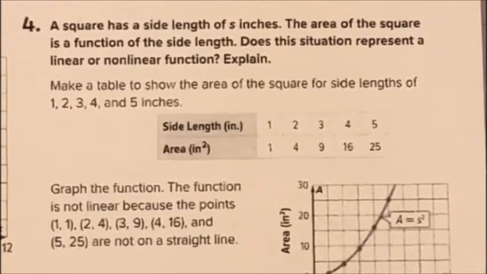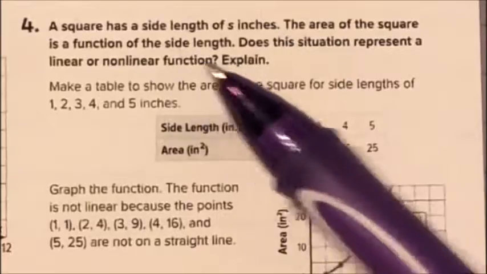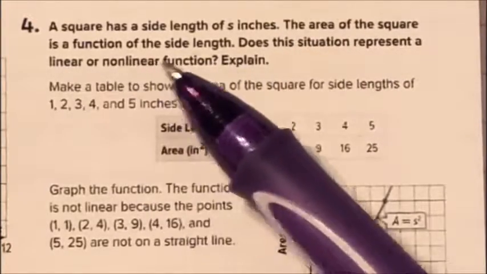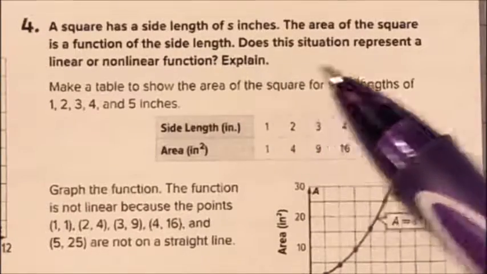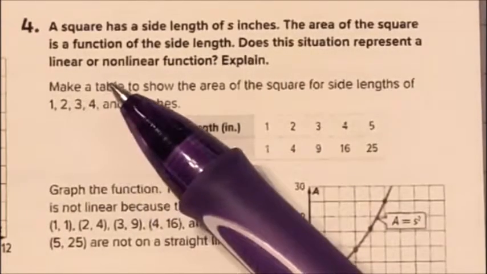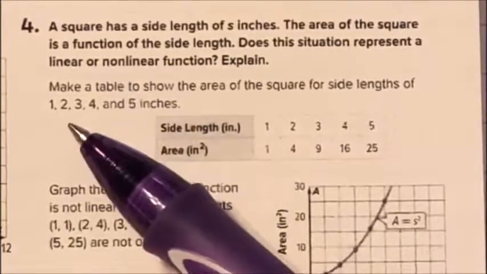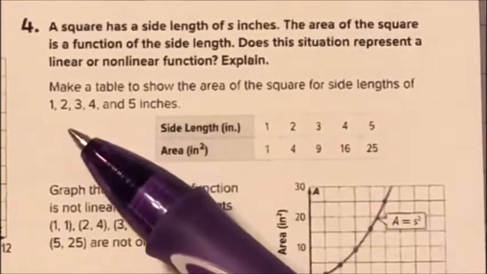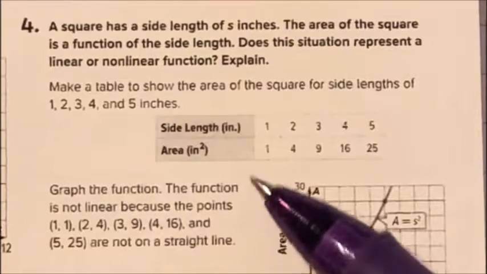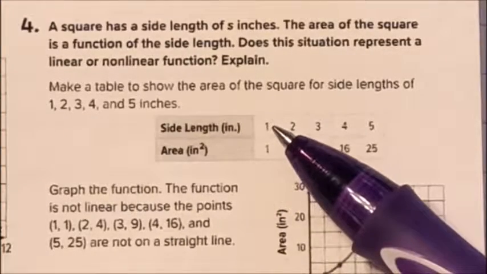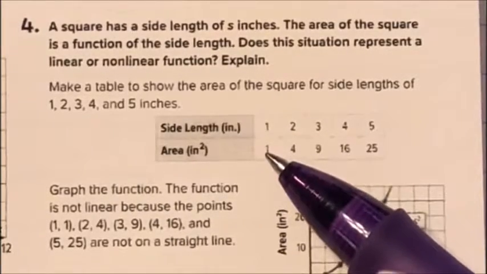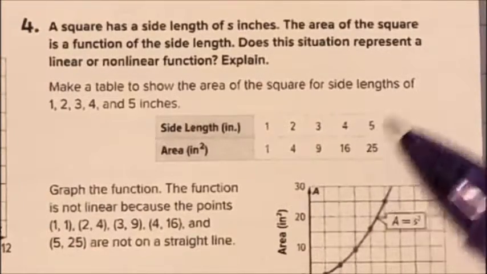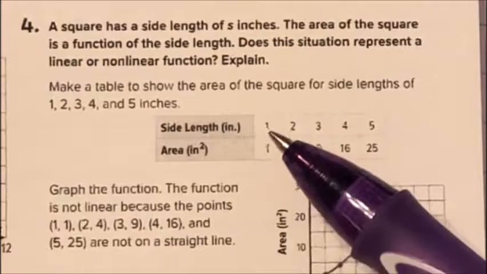Number 4 says a square has a side length of s inches. The area of the square is a function of the side length. Does this situation represent a linear or nonlinear function? Explain. I can make a table to show the areas of the square for the side lengths of 1, 2, 3, 4, and 5 inches. 1 squared is 1, 2 squared is 4, 3 squared is 9, 4 squared is 16, and 5 squared is 25.